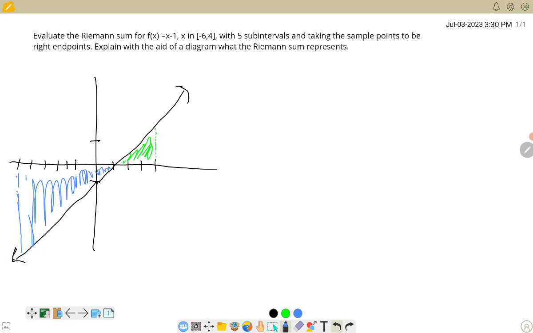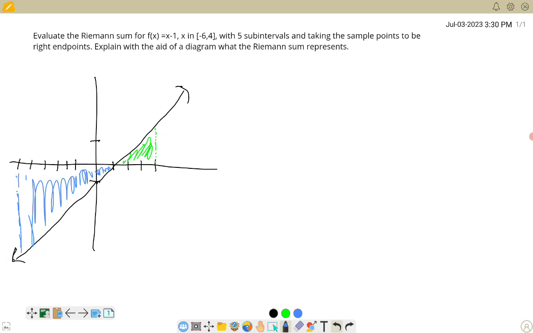summed together, basically. So in this case we want the area underneath the curve over here but above the curve over here. And this is actually going to be in some sense a negative area, because it's negative in the sense that it's underneath the curve. So this kind of helps explain the second part of the problem.